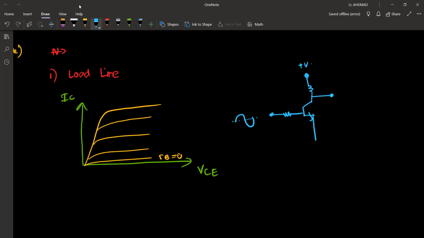Now we have plus VCC. So this signal is having a low value, right? It starts with a low value. When the low value is 0, IB current is not 0 because it is already biased.